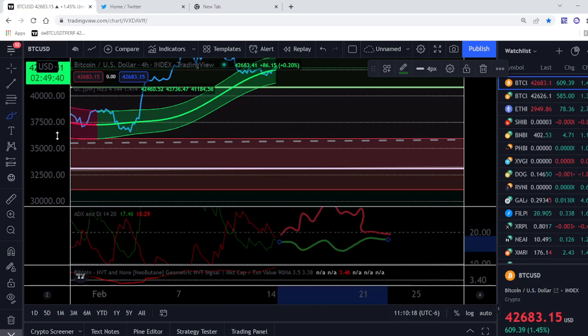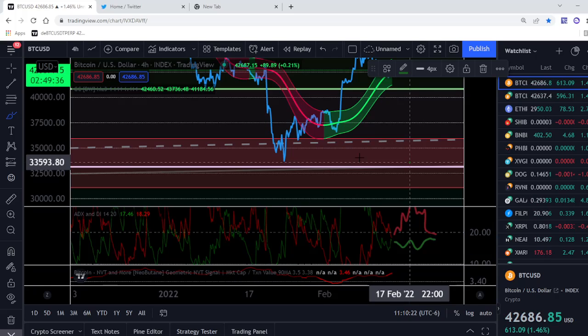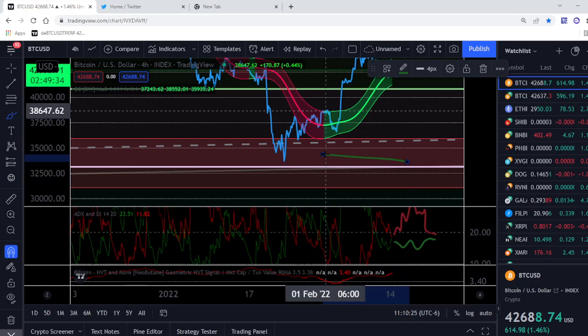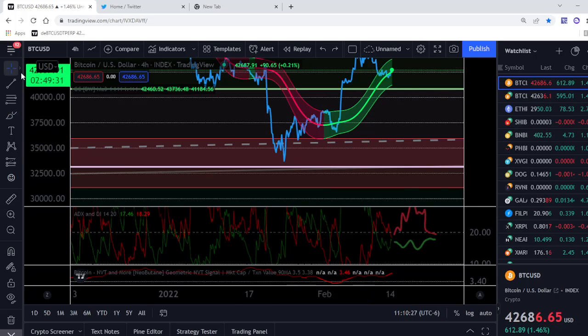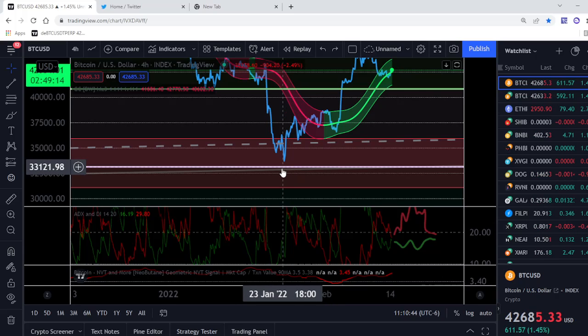And if we zoom out even more, we'll see that we hit our key support level right here. We didn't drop all the way to the bottom of it, 30.9K or 31K, but we did test as low as 32.9K if I remember, and that's somewhere near this white line or this gray shadowy line underneath it.